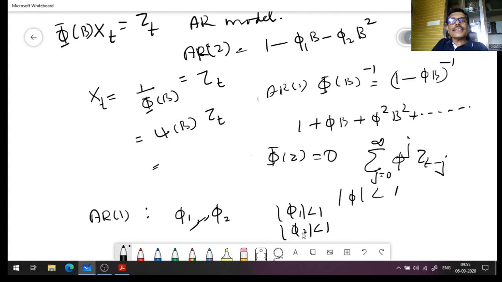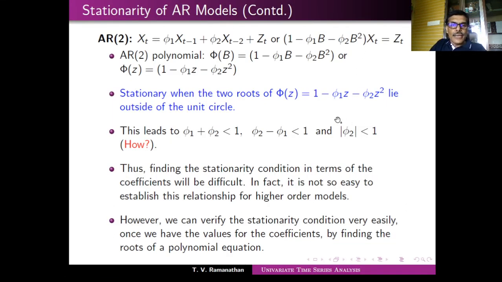So the question here is, we know that you can always talk in terms of roots of the equation. Because roots of the equation guarantee me a representation like this. Therefore, I immediately say that, okay, the series is stationary. So in higher order AR models, the condition that we need, we will be giving in terms of roots of the polynomial equation. So for example, it is stationary if the two roots lie outside the unit circle.